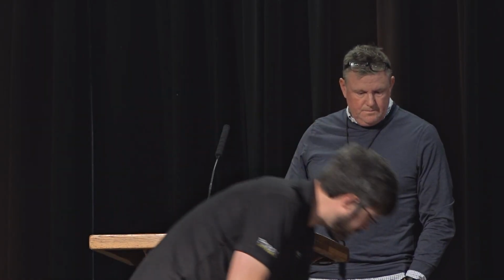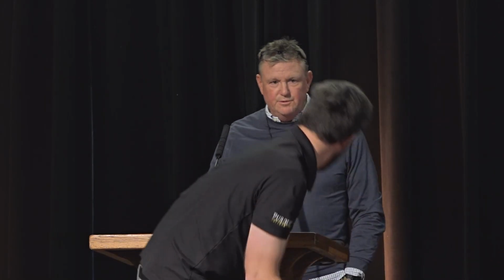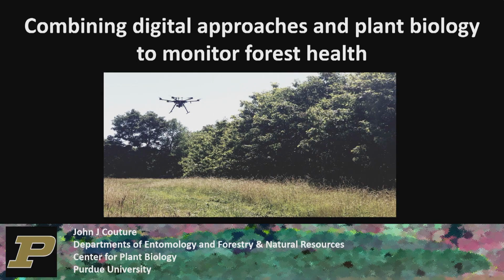So we're going to talk about how can we combine digital approaches and basic plant responses to stress from a chemical and physiological standpoint to monitor forest health in this application?